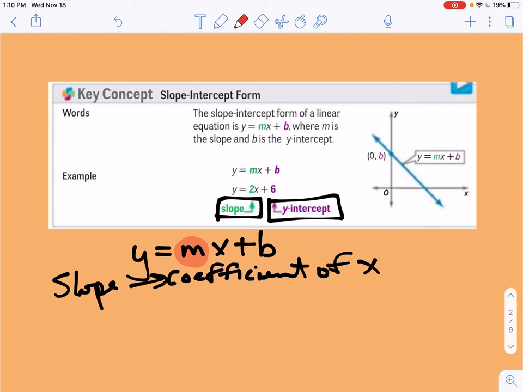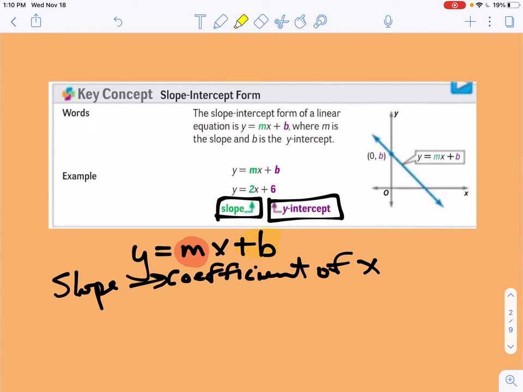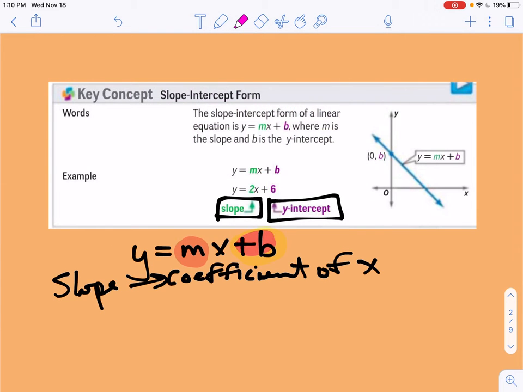All right, and then our y-intercept, and this is kind of important. It doesn't show up that great, but it includes the sign. All right, I'm going to see if I can change the color. Let's go with this. So it includes the sign. This is your y-intercept, and b is what stands for it.